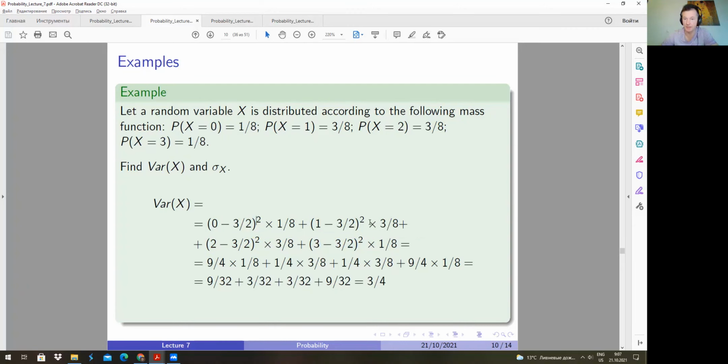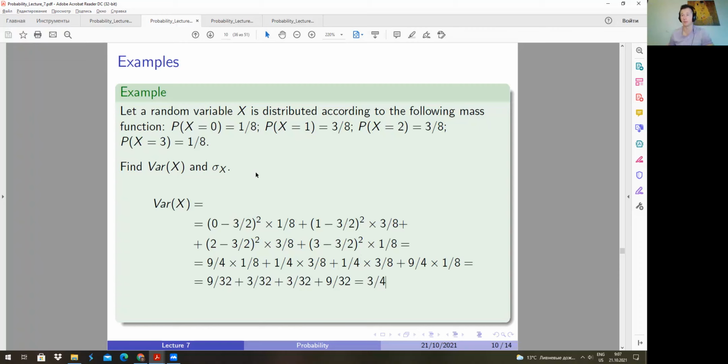I square these differences, and I multiply each of those squared differences by the respective probabilities, 1/8, 3/8, 3/8, and 1/8. Here I have just new numbers, four new numbers. Finally, my result is going to be 3/4. After all these tedious calculations, I have 3/4, and this is the variance of this random variable.